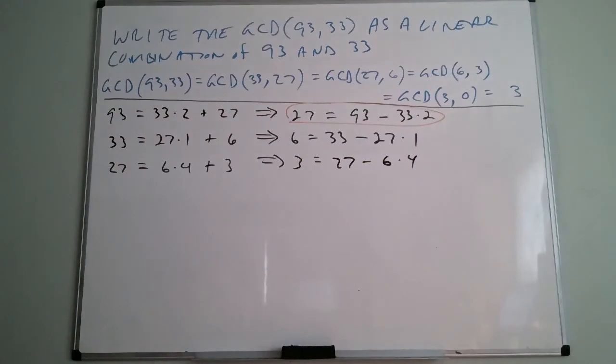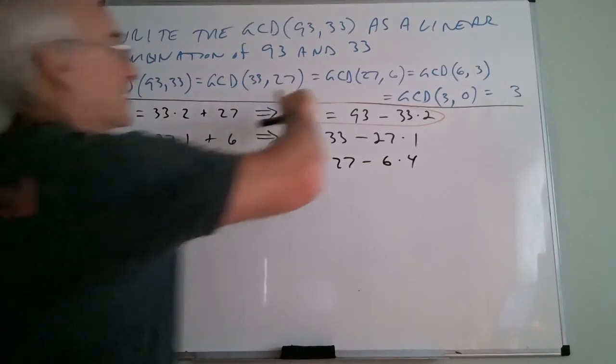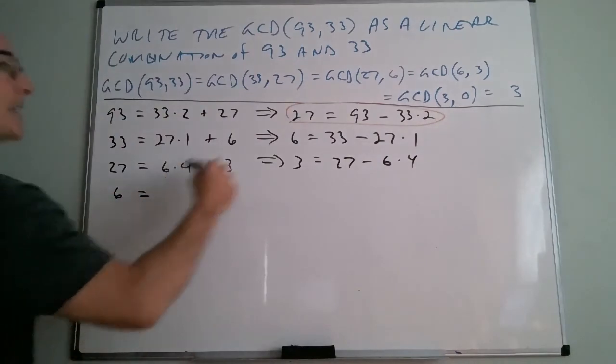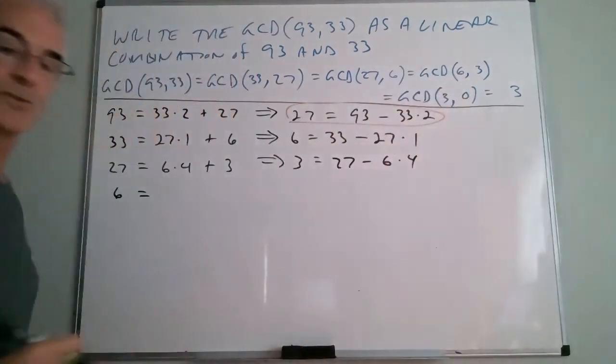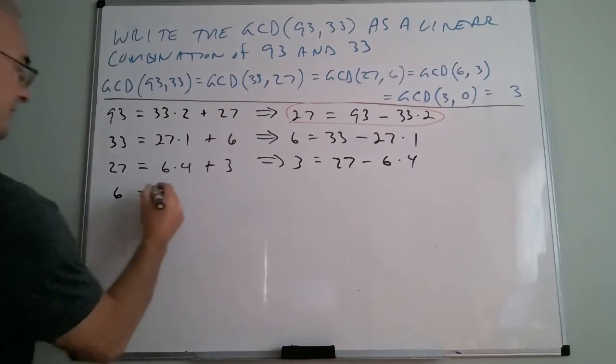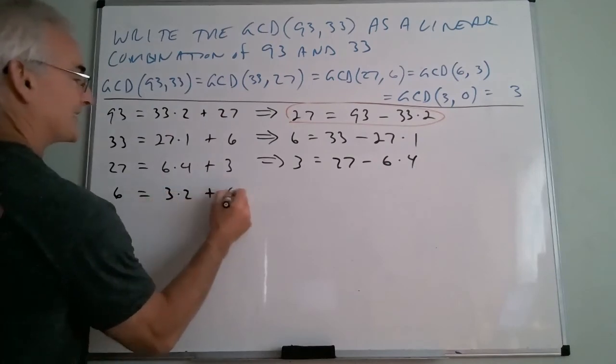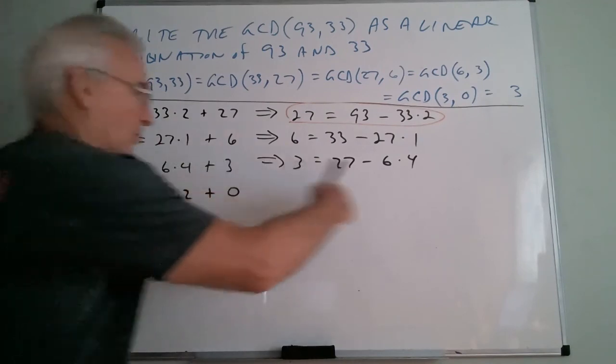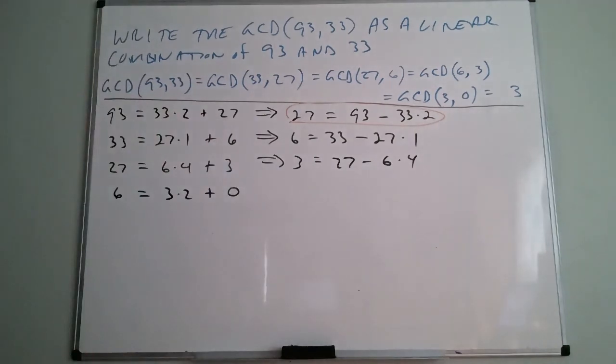Okay, we're almost done. The next number after 27 is 6. 6 equals, and now I'm doing it with 3. So what does 6 equal? It equals 3 times 2 plus 0. I have no more remainder. So this part of the process is finished. I'm not going to write 0 equals.